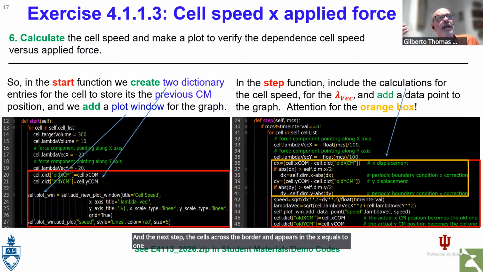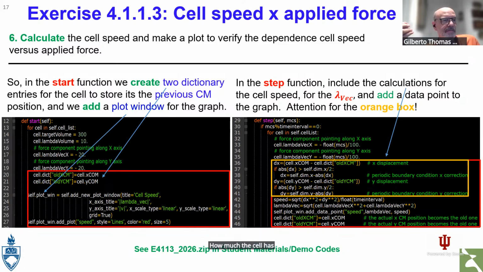How much has the cell moved? If I don't take care, if you look at this line 36, the displacement would be 2 minus 255, I mean minus 253 pixels, which is wrong, because the cell only moved 3 pixels: from 255, 0, 1, 2, and appears on the left side.